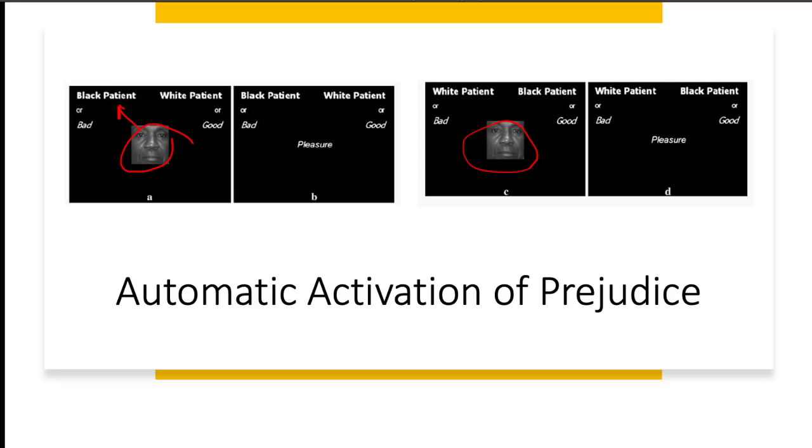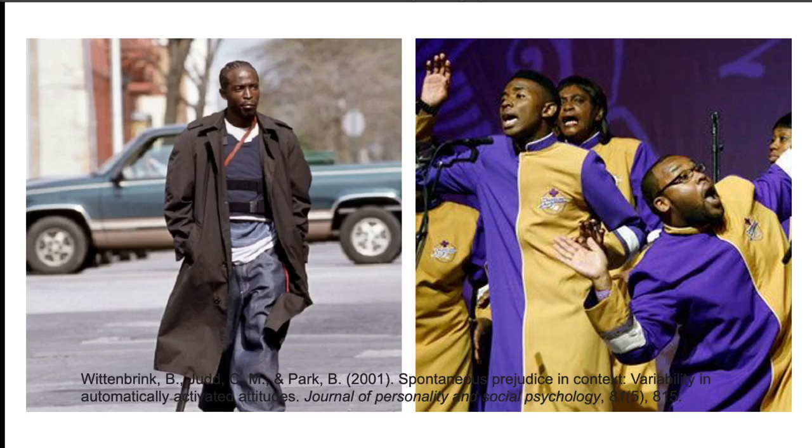There's one stimulus, and this stimulus is the color of the skin, and that automatically activates something. Yet, I think nothing could be further from the truth. Here on the left, you see Omar Little. If you have not watched The Wire, then I think you should stop now and spend the next 72 hours watching this TV show. Really lovable character.